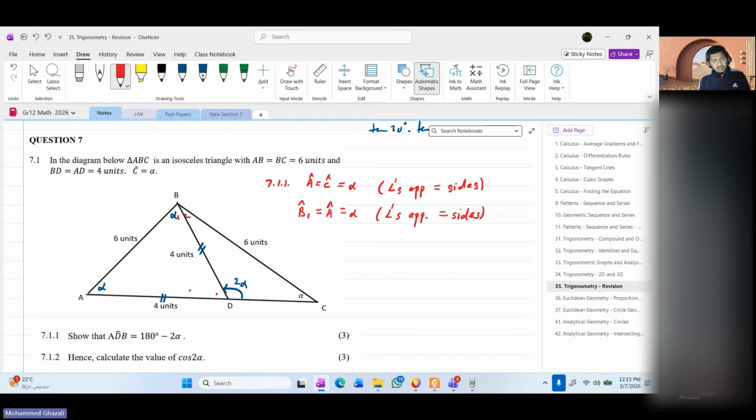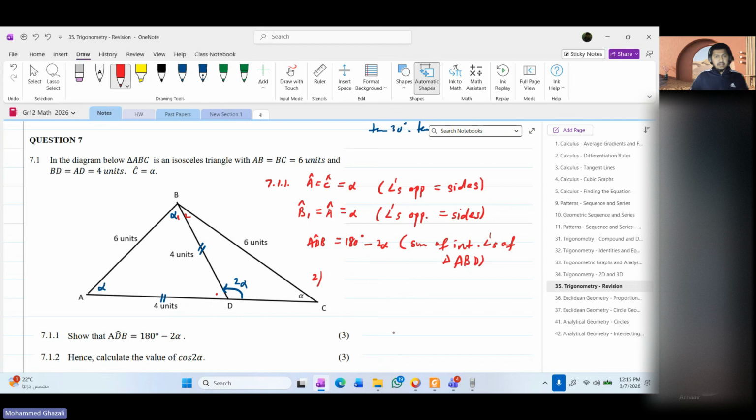So angle D, which is ADB, is 180 minus 2 alpha, which is the sum of interior angles of triangle ABD, right? And the second part, hence calculate the value of cos 2 alpha.